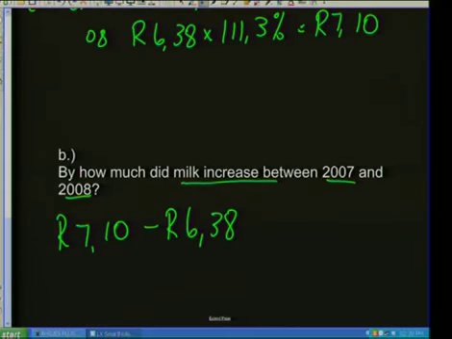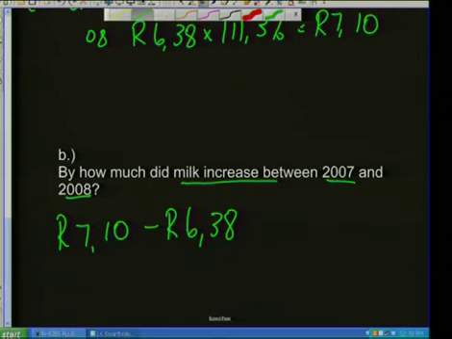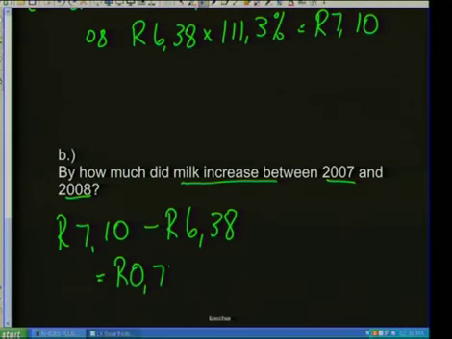And we can get the amount that it increased by. So on my calculator, R7.10 minus R6.38. And check your calculator. And we see that it increased by 72 cents. So important to answer the question as they ask it.